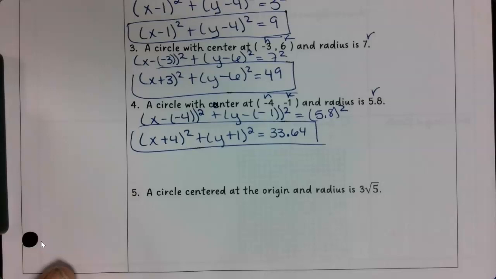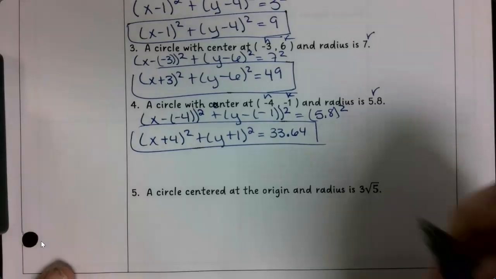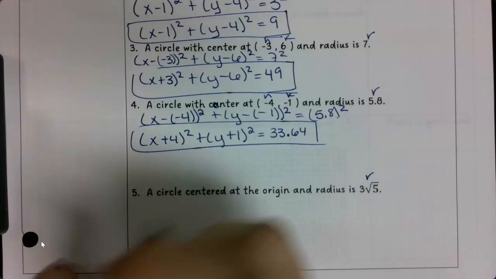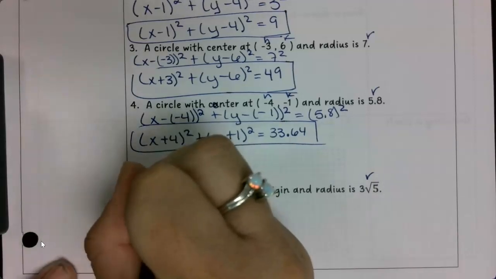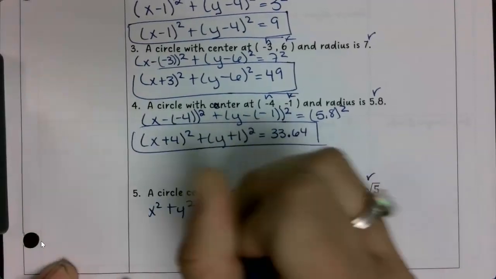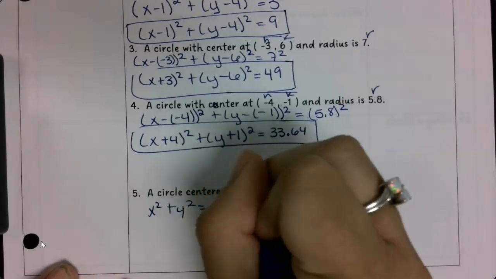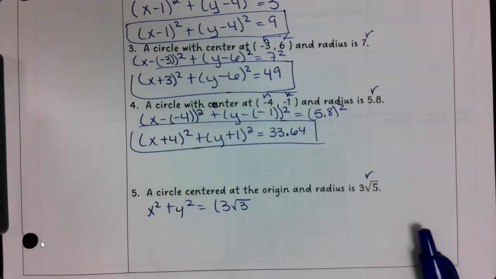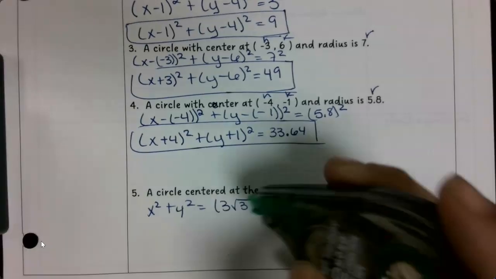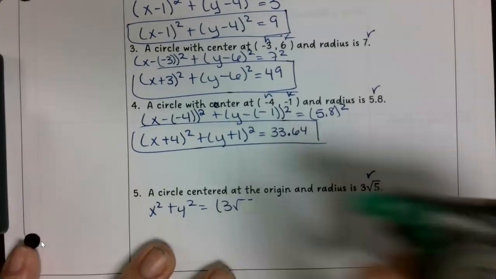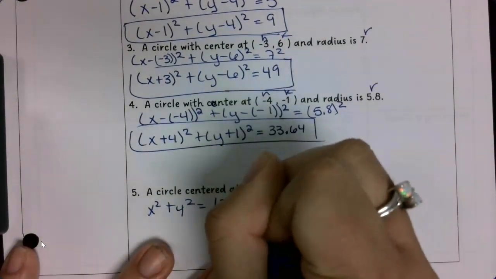Number 5 says it's centered at the origin, so that's the top formula. And then my radius is 3 square root of 5. So I have x squared plus y squared equals, and then, oops, 3 times the square root of 5 should be in the parentheses. I wrote the wrong number. And then I square it.